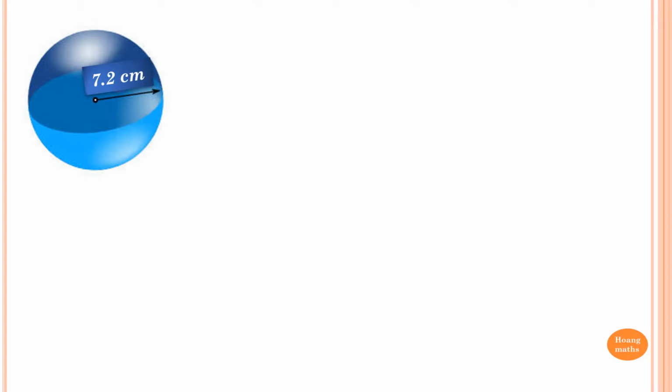Please pause the video and try to do this one yourself and find the surface area of this sphere correct to 1 decimal place. See if you can. To do this, first of all, we know that the rule is surface area is equal to 4 pi r squared. So 4 pi times the radius, which is 7.2, squared.